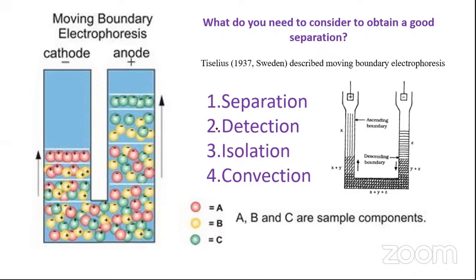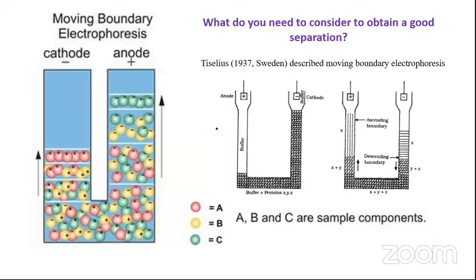So why do you think they must have taken a U-tube as their option and not a linear chamber? Any idea? No, sir. No idea.